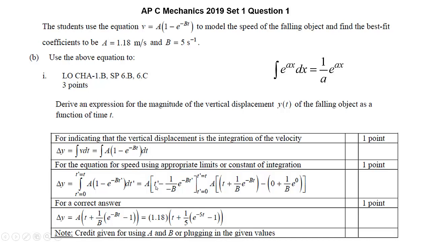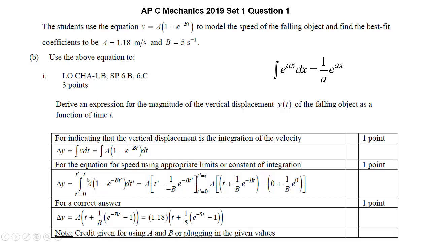Right, so the first one is really just t, because it's the integral of 1 with respect to time. And then the integral of our e to the negative bt is 1 over negative b. Don't lose the negative sign, because these two are going to cancel. Right, e to the negative bt. You have to evaluate it from 0 to t. Right?